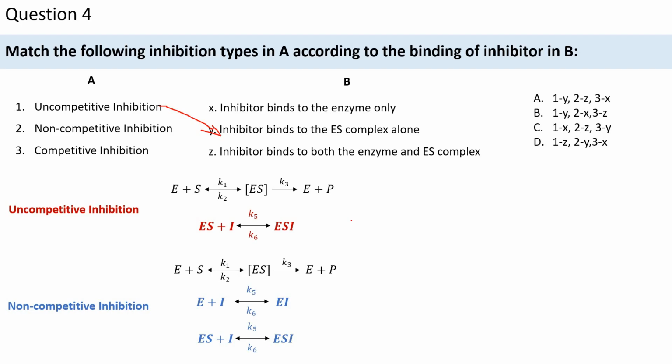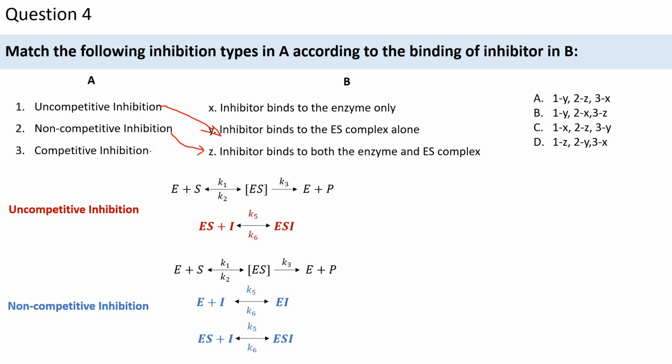It can bind to the enzyme when it's just present as enzyme, and even when it binds to the enzyme substrate complex, the binding place for this inhibitor is completely different. That's why it can bind to the enzyme alone as well as the enzyme substrate complex. So for non-competitive inhibition, the right answer is inhibitor binds to both enzyme as well as enzyme substrate complex.